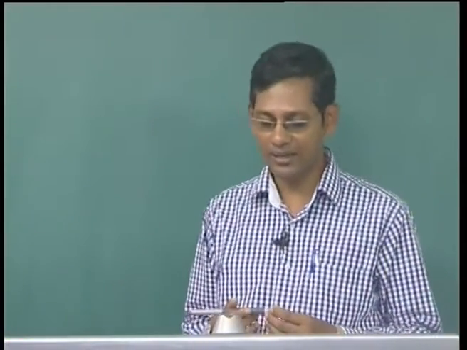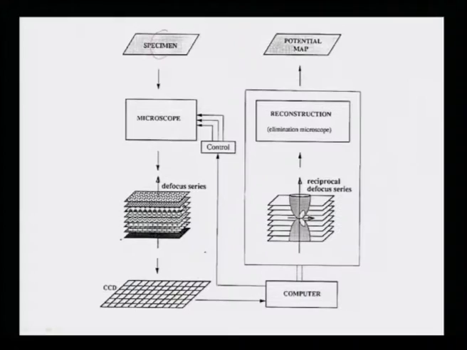So, therefore, in a nutshell I could show you a simple simulated picture in the slide, where this is the specimen. You see the electron from the gun falls on the specimen after going through different lenses, and then the interaction, dynamical in nature, and then it passes through the other lenses in the microscope, like intermediate projection lenses, and finally we obtain the image in a CCD camera nowadays.